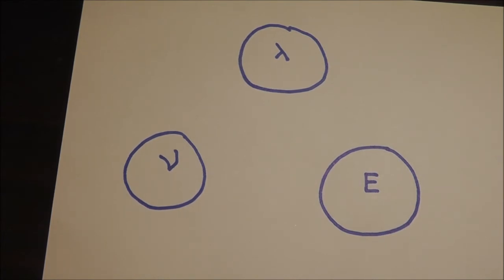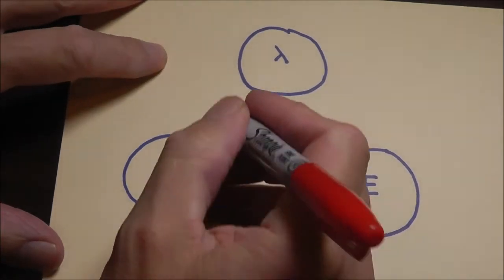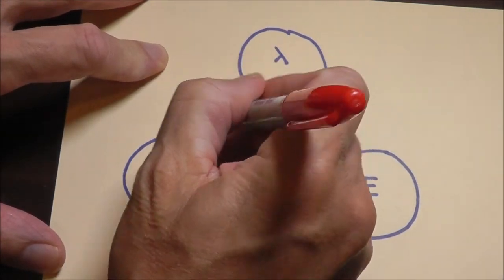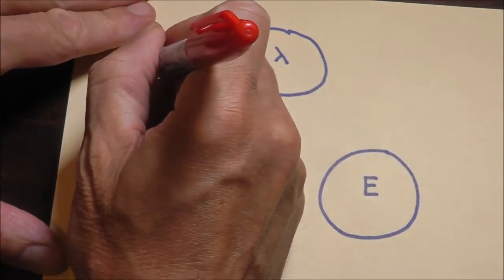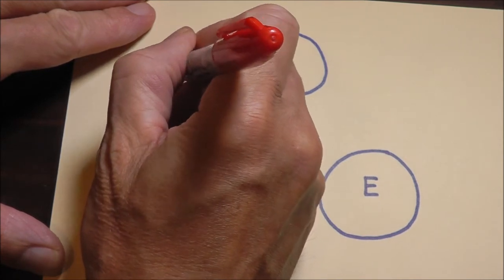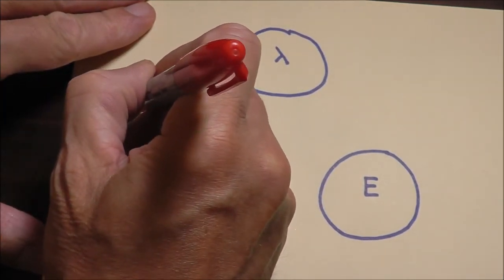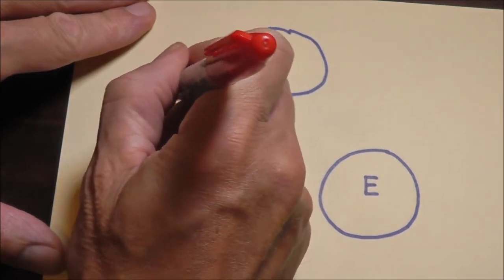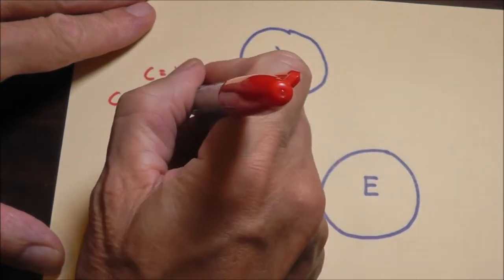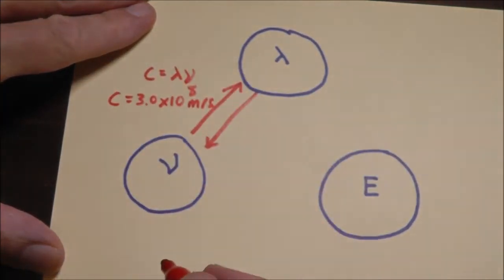We've got wavelength, and we can go back and forth between wavelength and frequency with this equation, c equals wavelength times frequency, and of course c equals 3.0 times 10 to the 8th meters per second.